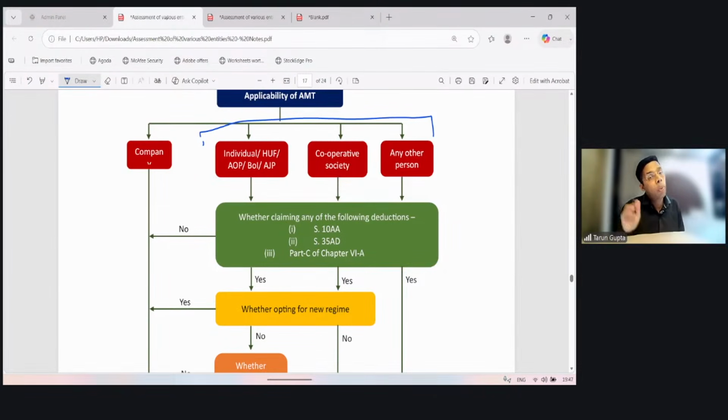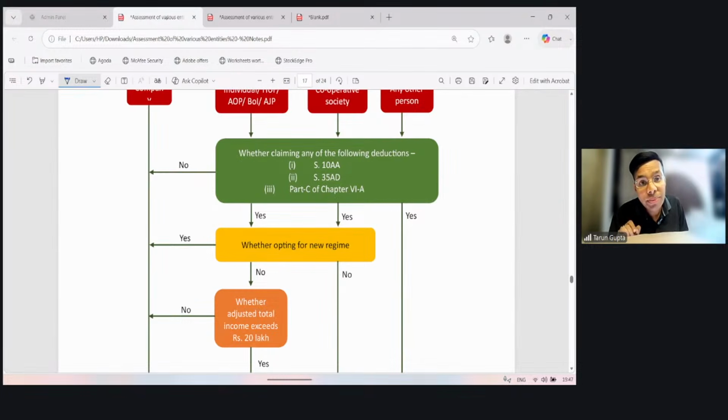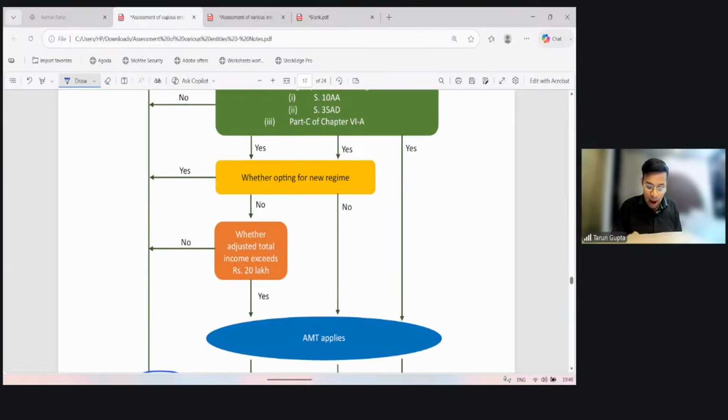If the answer is no, no AMT is applicable. If the answer is yes, then you have to see whether you have opted for the new regime. If yes, then no AMT is applicable because AMT is not applicable if the assessee opts for the new regime, similar to MAT. If no, then you have to see what's your adjusted total income. If it exceeds 20 lakh, then AMT is applicable.